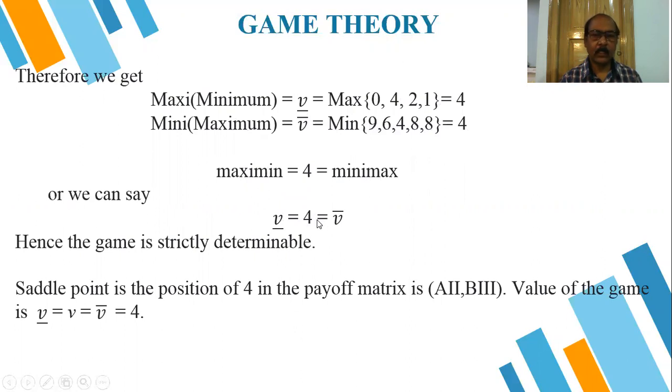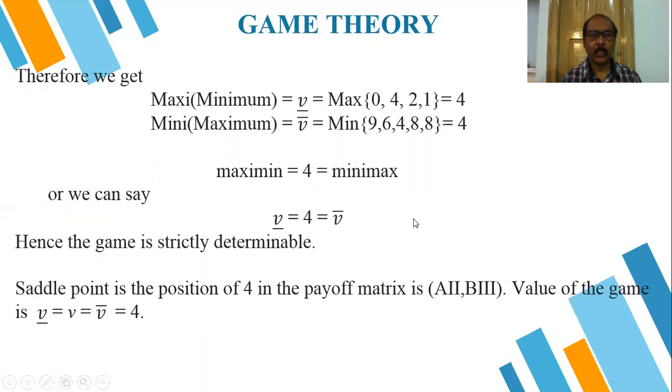Since maximin and minimax are equal to 4, the game is strictly determinable. The saddle point is the position of the 4, that is A2, B3, and the value of the game is V lower bar equal to V upper bar equal to 4.